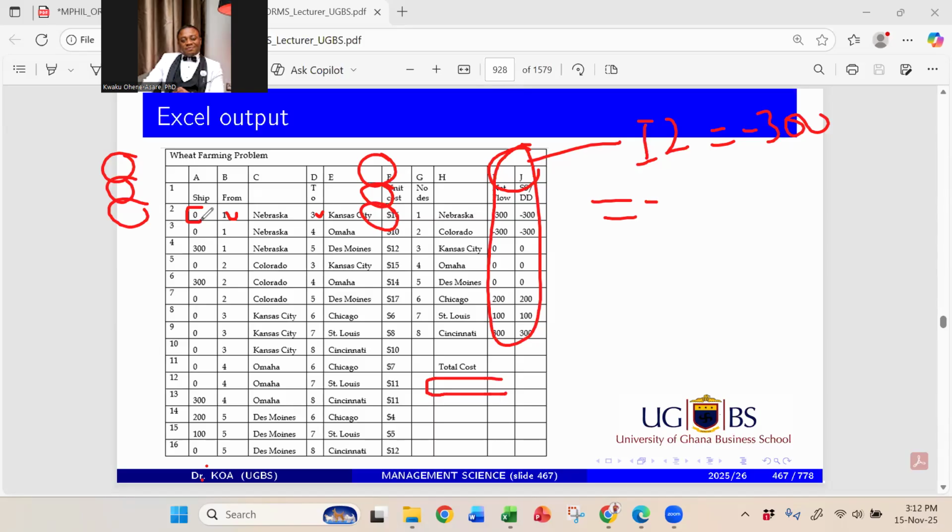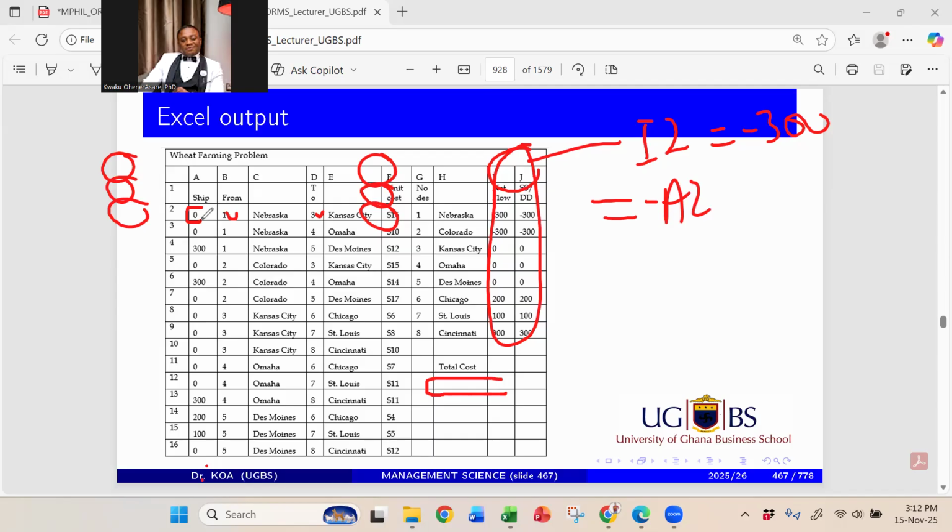So you will have this cell, which is A2. So you have negative A2, because the negative A2 is the actual values that were shipped.